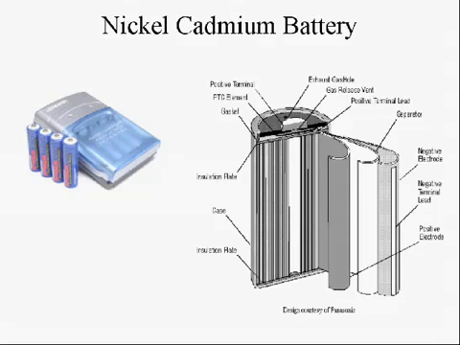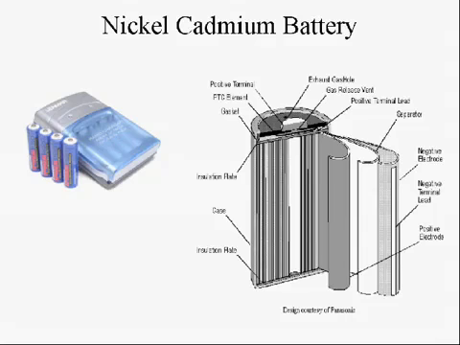Another type of rechargeable battery is the nickel-cadmium battery. Nickel-cadmium, or NiCad, batteries are a very common type of rechargeable battery used in things like power tools, electric toys, rechargeable appliances, and electric shavers. These batteries can deliver high currents and can be recharged many times.